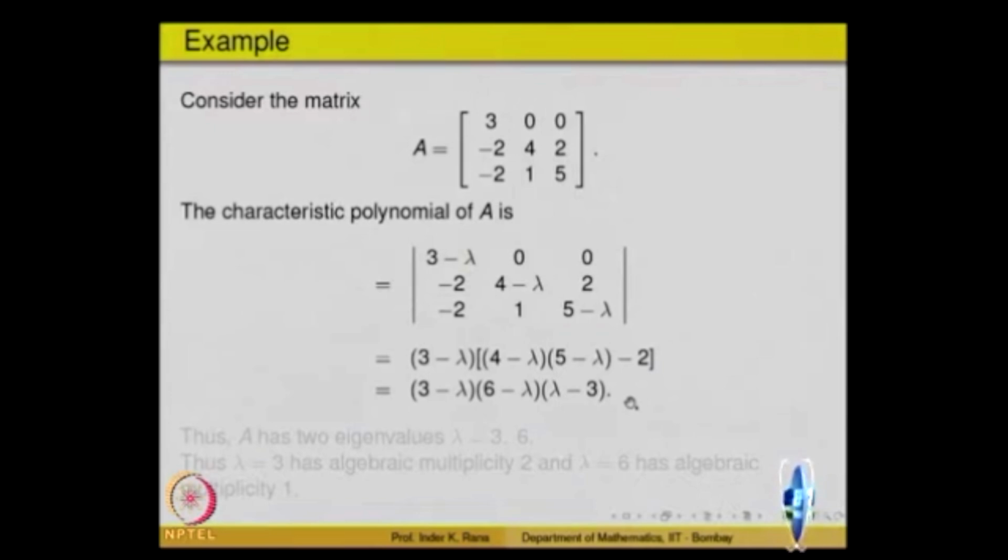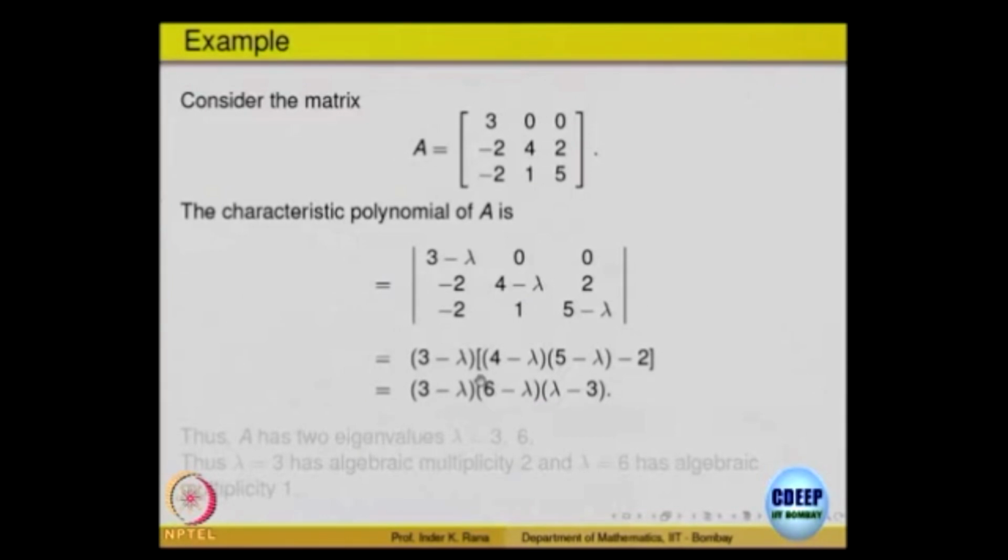So, that means what? If that is the characteristic polynomial factorized, lambda equal to 3 is an eigenvalue and lambda equal to 6 is another eigenvalue. So, this matrix is 3 by 3 but has got only 2 eigenvalues, and the root lambda equal to 3 is repeated.